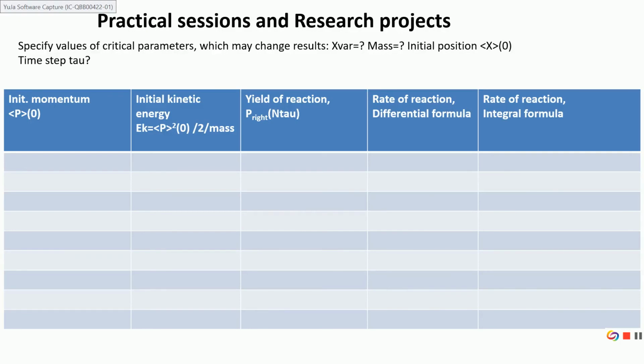So you are setting up different value of momentum, converting it just for the record, converting it to kinetic energy and to the temperature. Kinetic energy with Boltzmann constant gives temperature. And then you record the yield and rate in the integral formula that was in the previous slide. So momentum versus rate, or energy versus rate.